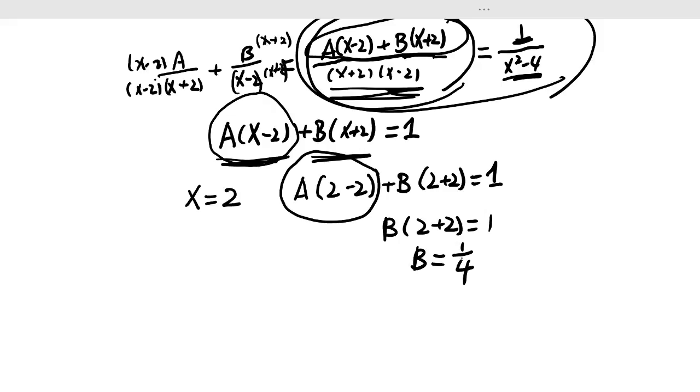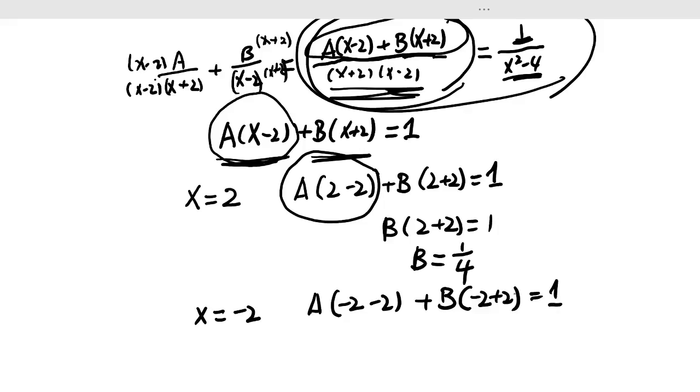We're going to do the same for the second term. In order to make the second term 0, x must be -2. So we're going to apply -2 to the equation right now. So A times -2 minus 2 plus, I'm just going to write it even though I know it's 0, equals 1.